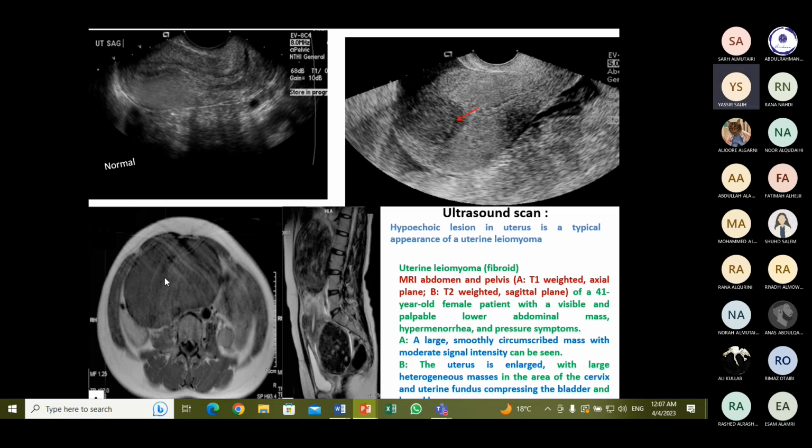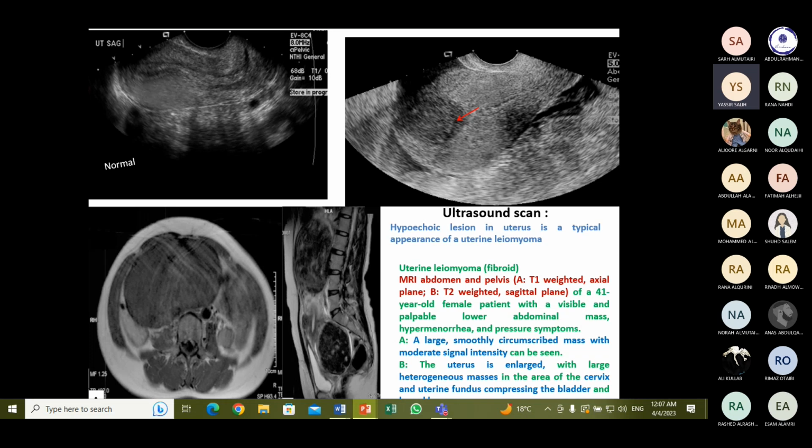First, they said this patient is a 41-year-old female patient presenting with a visible and palpable lower abdominal mass. We said one of the presentations of leiomyoma is that it is usually discovered incidentally, but sometimes the patient may present with a palpable mass, hematuria and pressure symptoms, because the lesion is large.